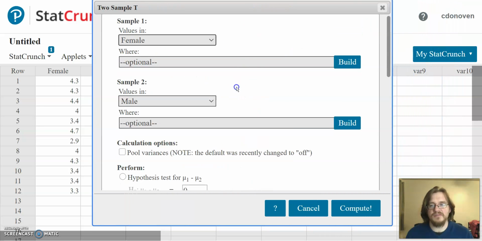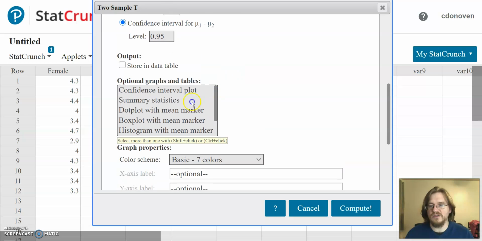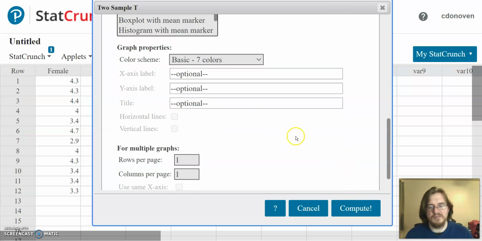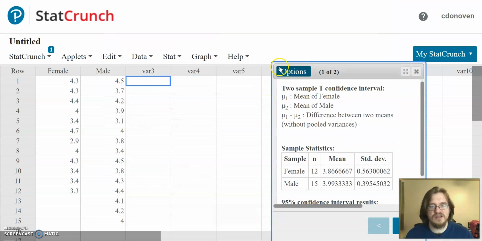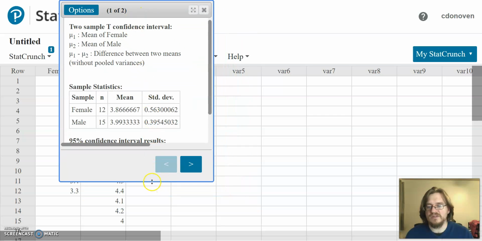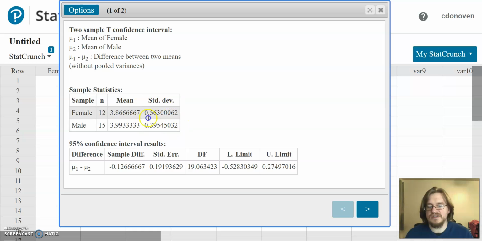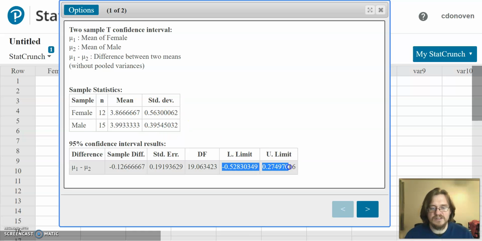And then I will also include the confidence interval plot and the summary statistics without changing anything else. We'll compute this, and we will see that we have the same summary statistics, and our confidence interval is given by the lower limit and the upper limit.